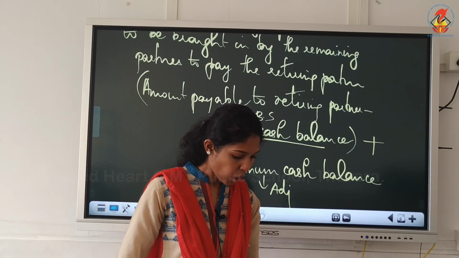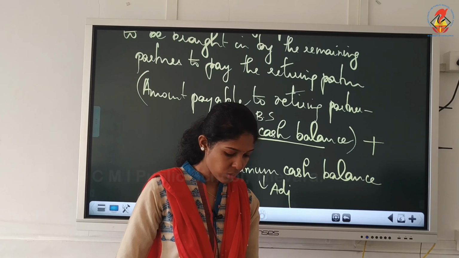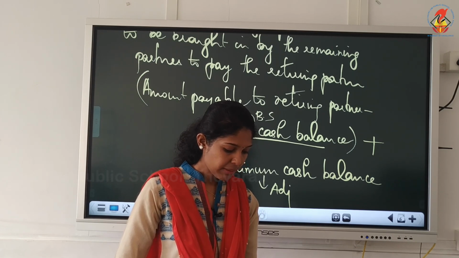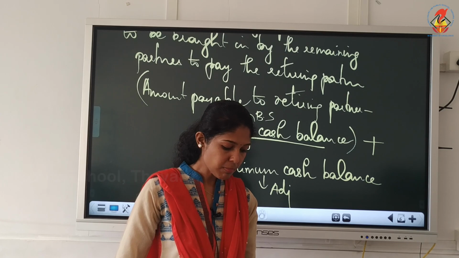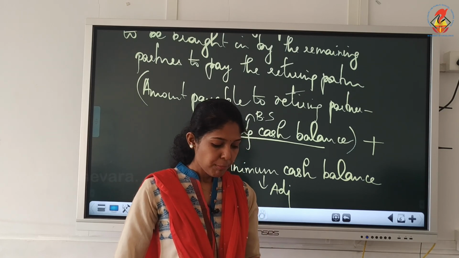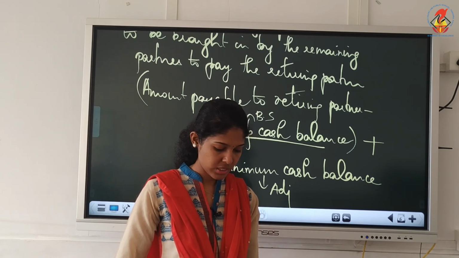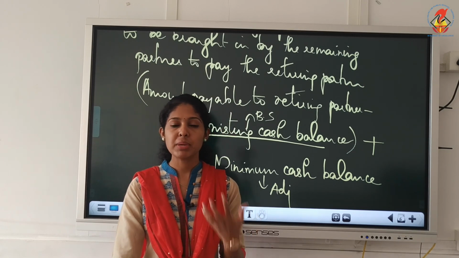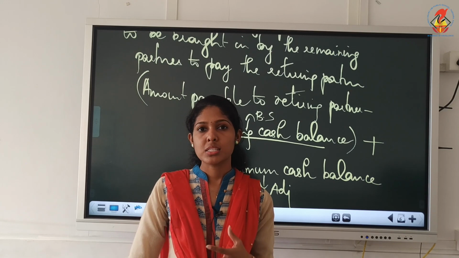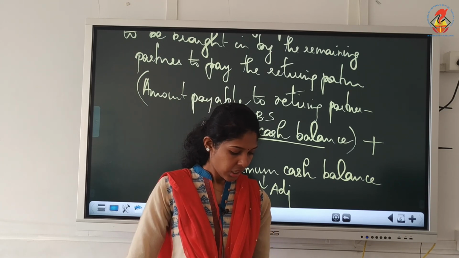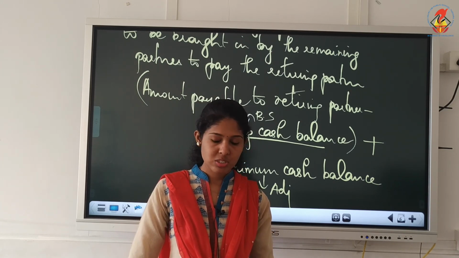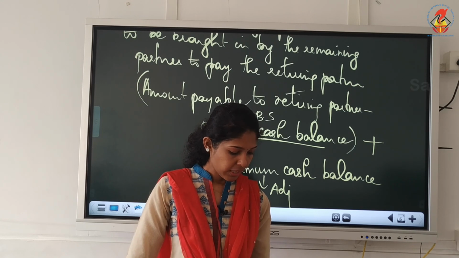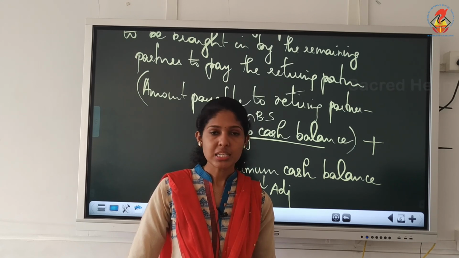Then brought in by Gautam and Kanika in such a way that their capitals became in profit sharing ratio, and a balance of rupees 58,000 was left in the bank. So we are asked to maintain a minimum bank balance, so that is method number 5. Gautam and Kanika will share future profits, so the new ratio is also given. Then prepare revaluation, partners' capital and the balance sheet.